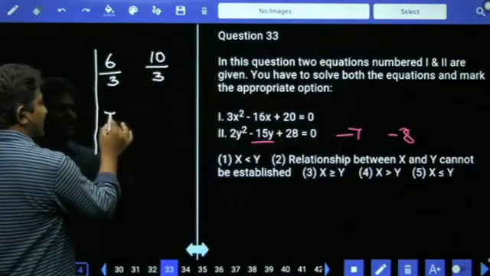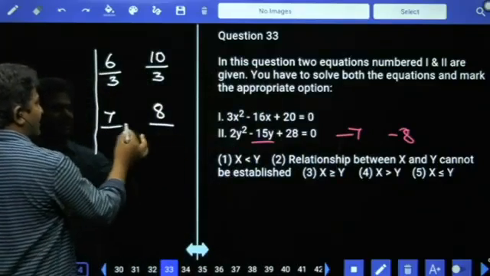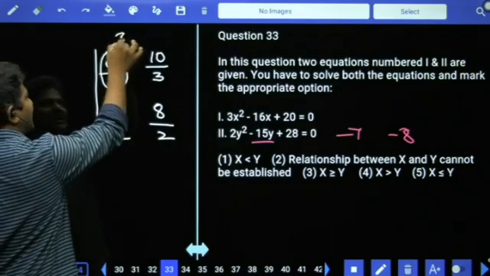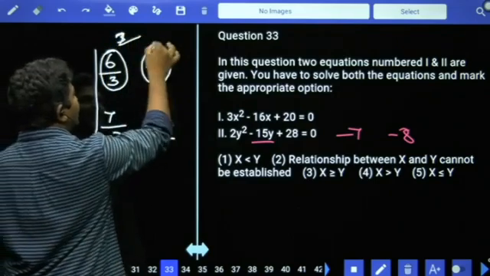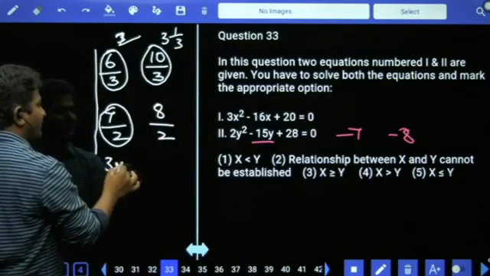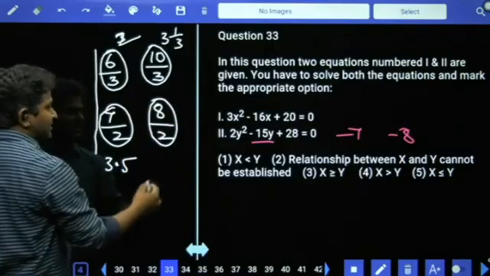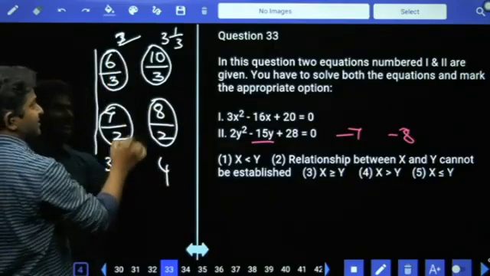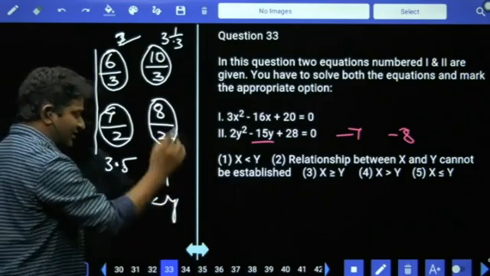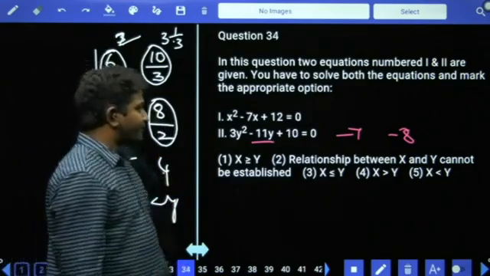Then the factors are plus 7 plus 8 divided by the coefficient of y square, that is equal to 2. This is 3, this is 2 and this is 3, 1 by 3. This is 3.5 and it is 4. x less than y. Here also there is only one condition, x less than y.